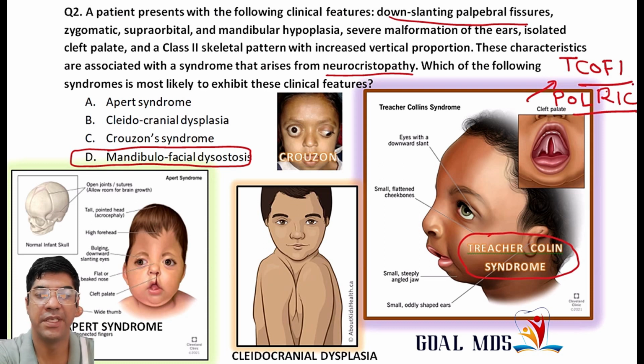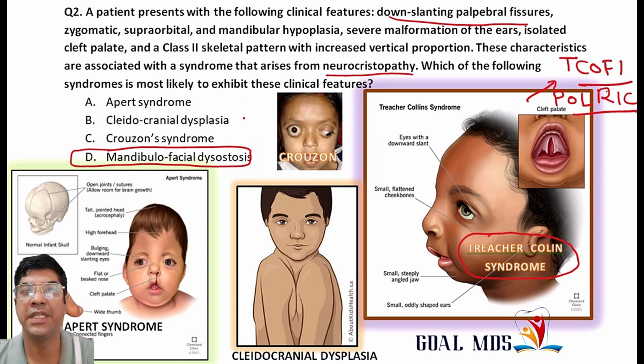These mutations disrupt the normal formation of the bone and tissue in the head. So a patient with mandibulofacial dysostosis will show facial abnormalities, including underdeveloped cheekbone, a small flattened cheekbone.